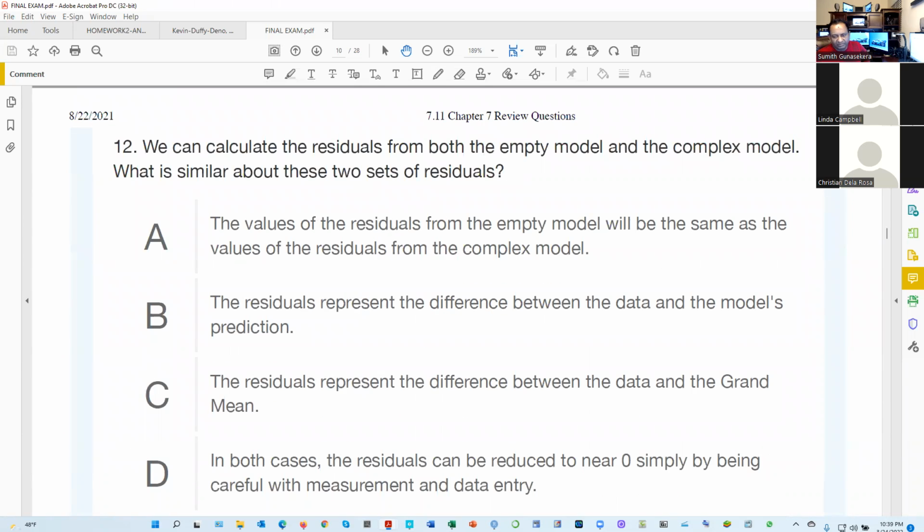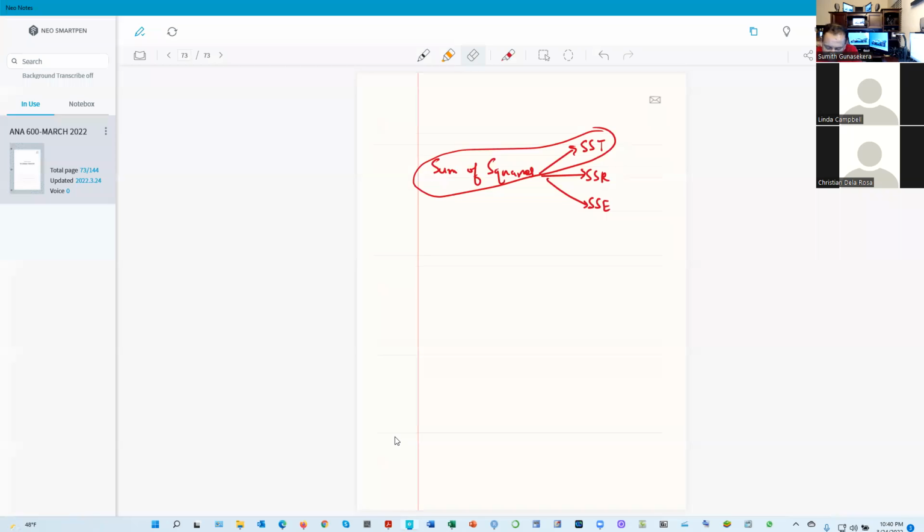Number 12, if we can calculate residual from both the empty model and the complex model, what is similar about these 2 sets of residuals? The residual represents the difference between the data and the model's prediction. That's right. Model prediction is nothing but the mean. Again, model prediction is nothing but the mean. If you go to the y hat, y hat of low is nothing but y bar of low.